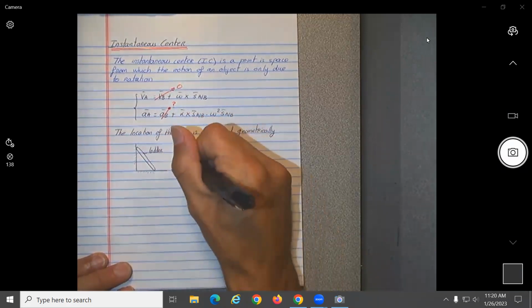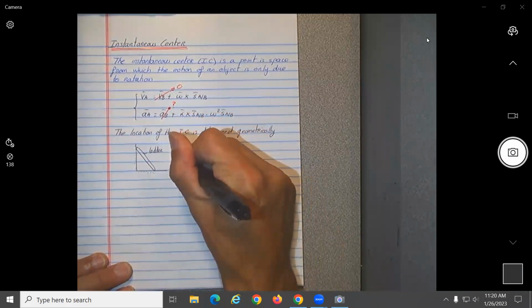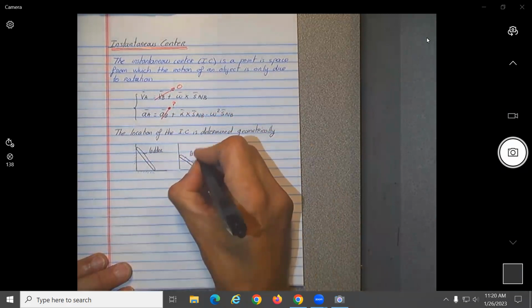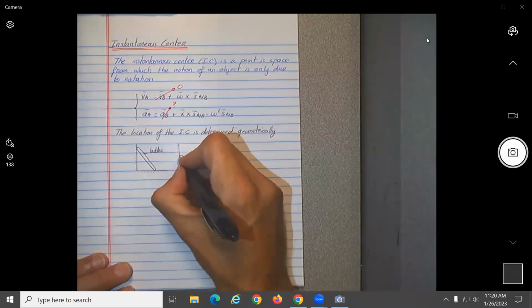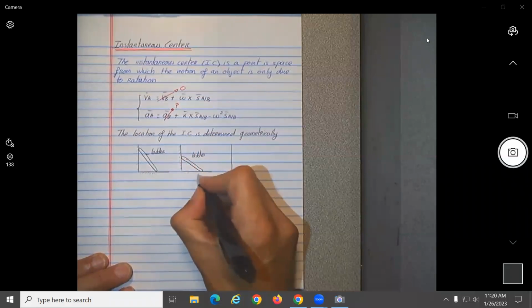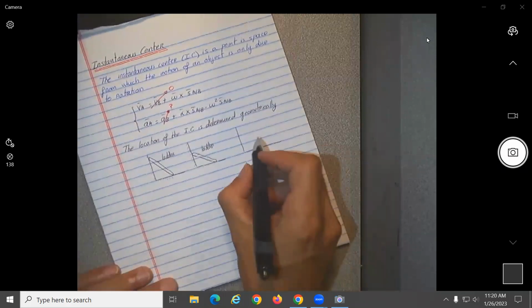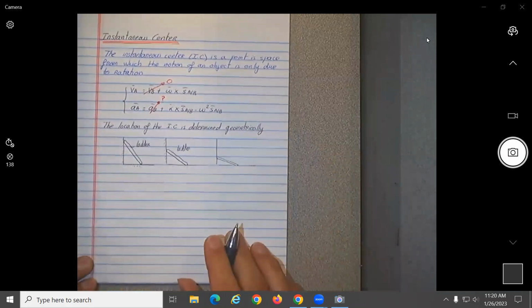The next position can be this one, no? Let me just do another one. And the next one could be over here. Yeah, I completely made up the angles.